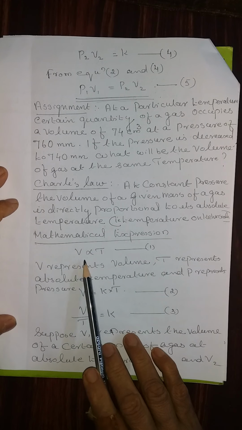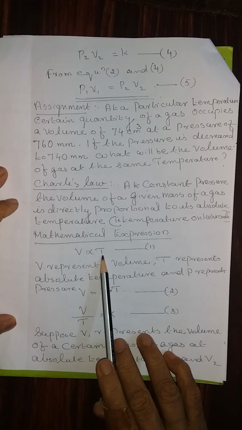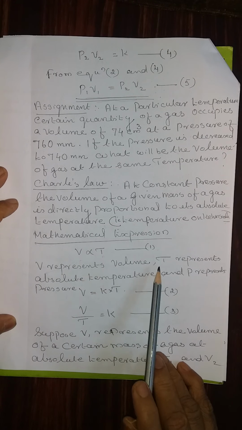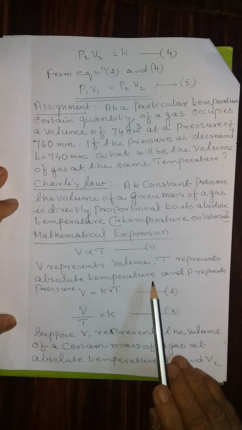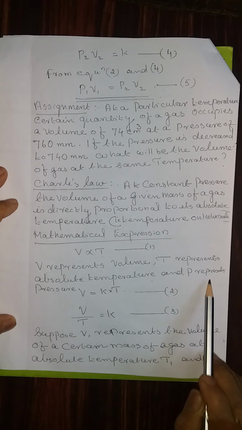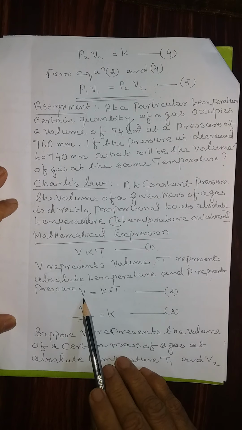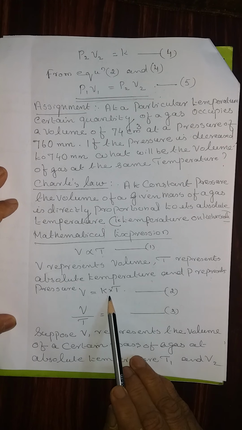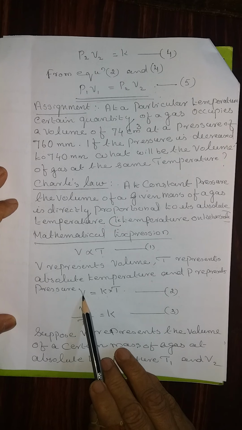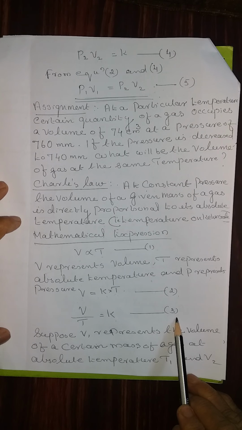Mathematical expression: volume is directly proportional to T. That is, V is directly proportional to T, equation 1, where V represents the volume and T represents the absolute temperature, at constant pressure P. This equation can also be written as V is equal to a constant K into T, equation 2. Or V by T is a constant, equation 3.